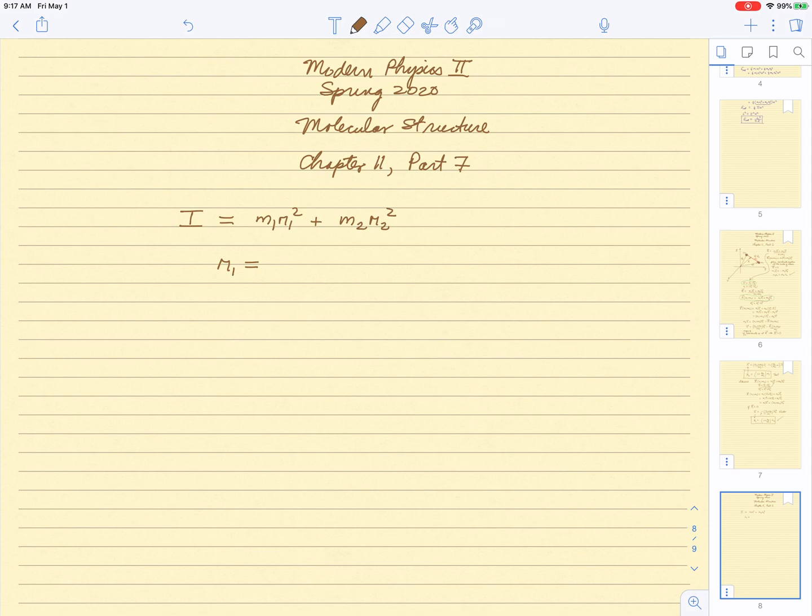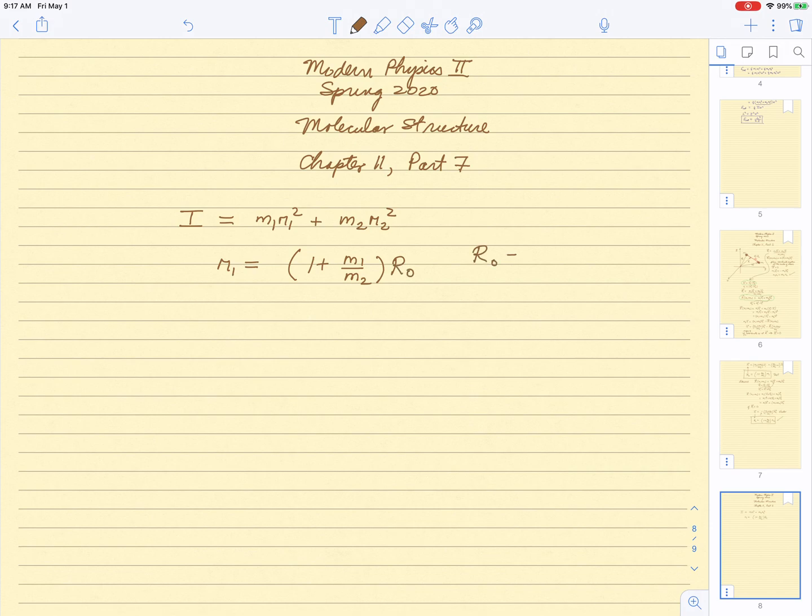R1 is going to be equal to 1 plus M1 over M2 times R0.